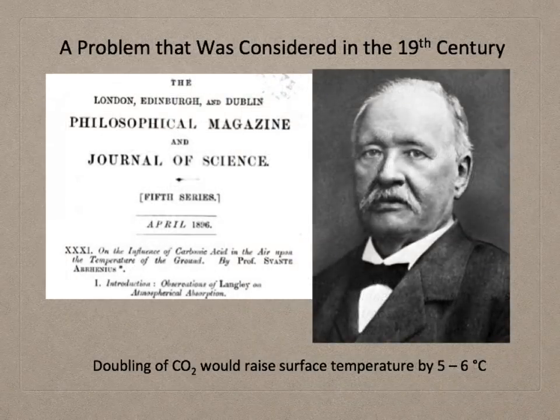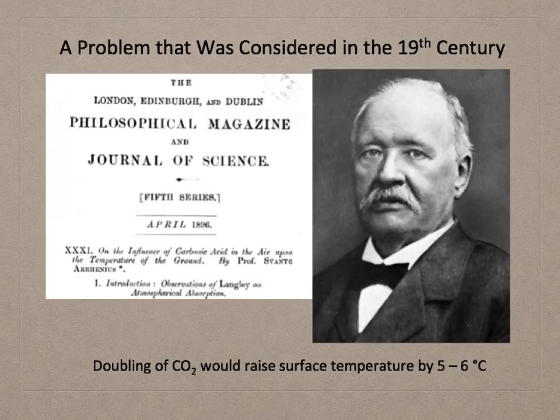That is the essence of the greenhouse effect and its effect on temperature. Later in 1896, Svante Arrhenius, a Swedish chemist, published a paper where he asked the question, how much would the planet warm if we doubled the amount of carbon dioxide in the atmosphere? And the value that he came up with was around 5 to 6 degrees centigrade, very close to what we still find with the most modern computer models of the Earth's climate system.